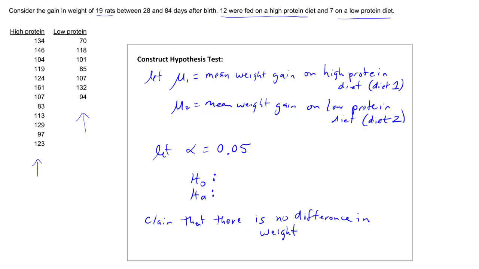All right, so there is no difference in weight gain should mean that the mu for both of these is the same. So that would be saying mu1 equals mu2, and this is our claim. So we're making this up. And then mu1 not equal to mu2 would be our alternative. Okay, so we have it all set up, and let's see what we can do.